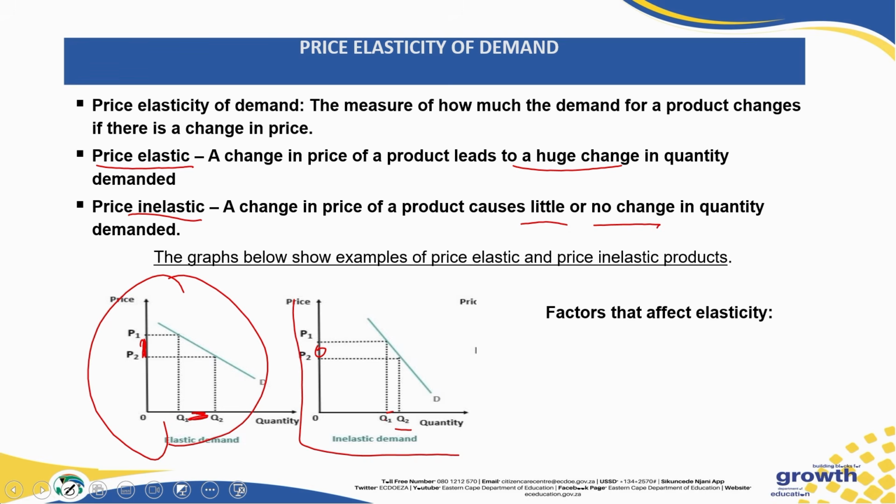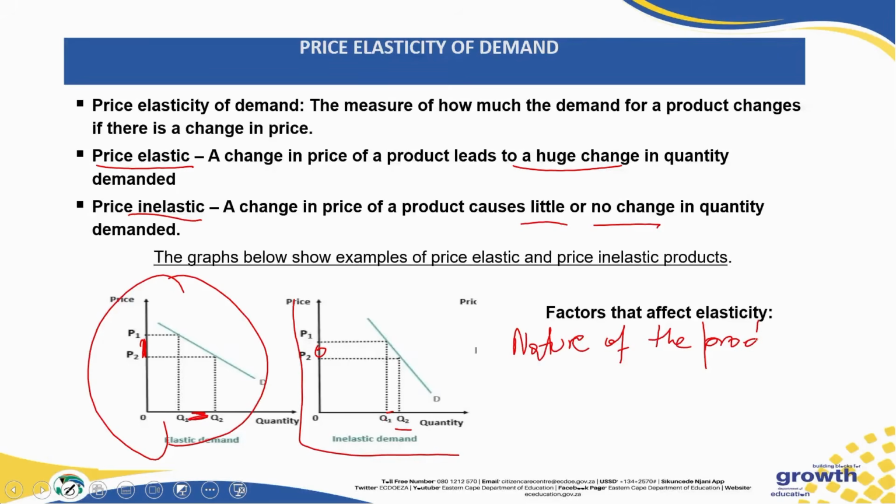And there are different factors that lead to this elasticity. For example, the nature of the product. When we say the nature of the product, we mean is the product a luxury or a necessity? Let's make an example about a price elastic product.